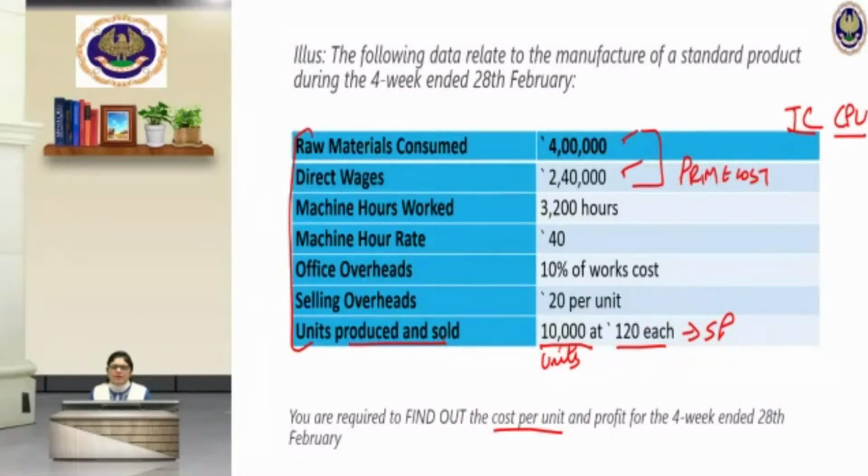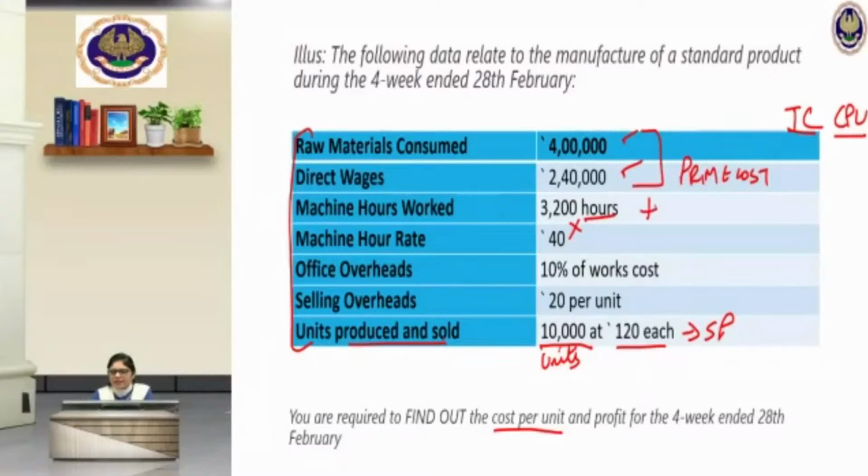Could be per labor hour, could be per machine hour, or could be a percentage of direct labor, or a percentage of prime cost. It could be anything. Any rate of absorption can be applicable. Here, the absorption rate for factory overhead is machine hours. Machine hours worked are 3,200 hours and 40 is the machine hour rate. So 3,200 into 40 will be your factory overhead.